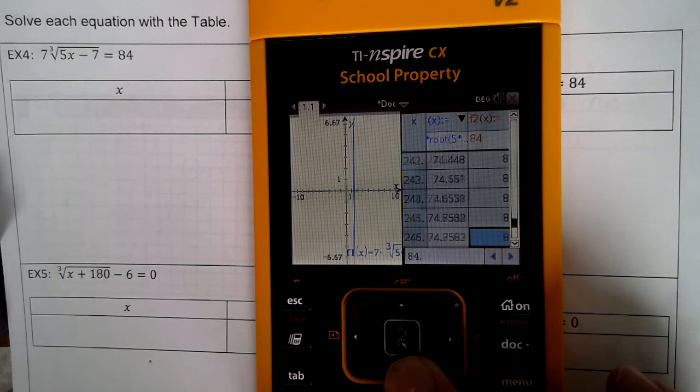It's taken a while, but you can see the numbers are continually getting larger and larger and closer to 84. Getting closer, we're getting closer now.